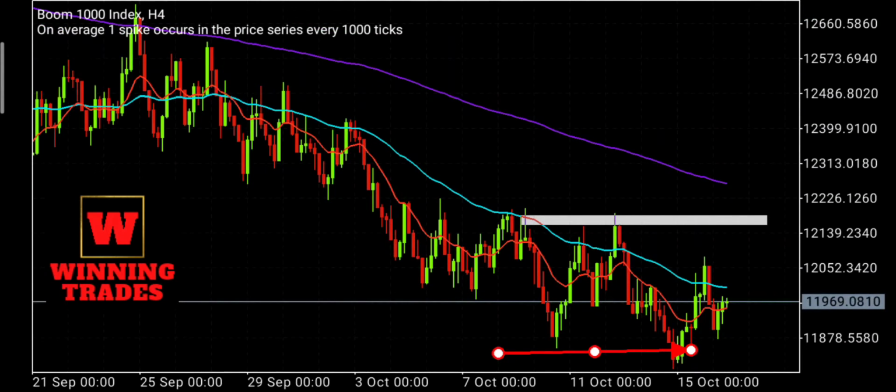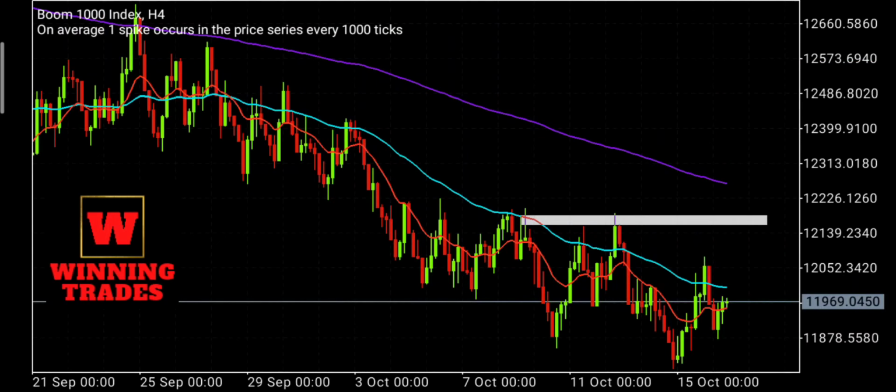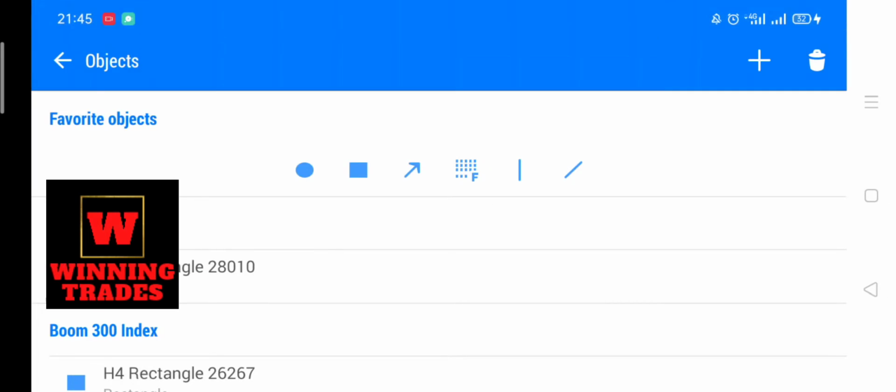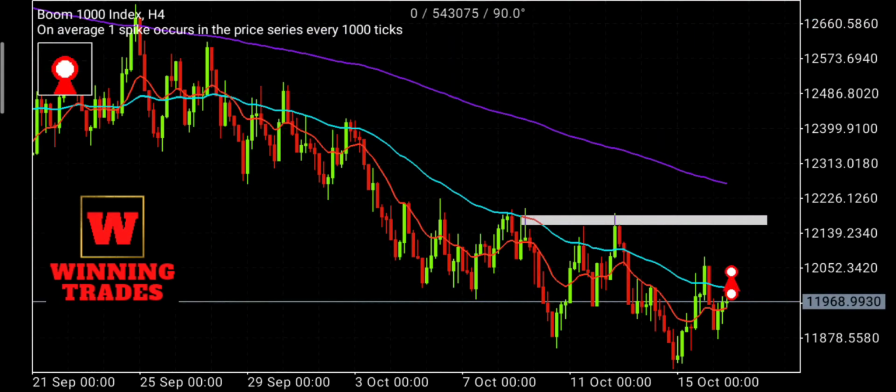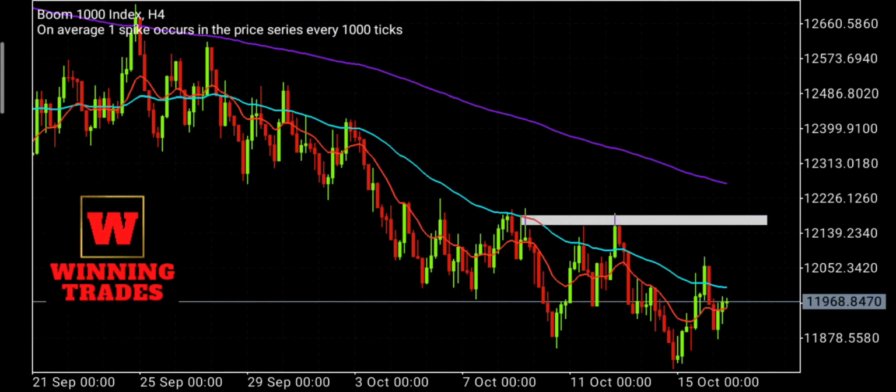So price will have to test that. We are looking at price probably coming all the way here and then maybe testing this again, maybe pushing up from there or coming down because of the break.